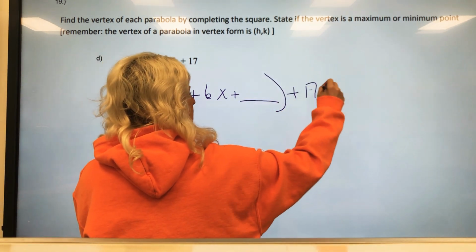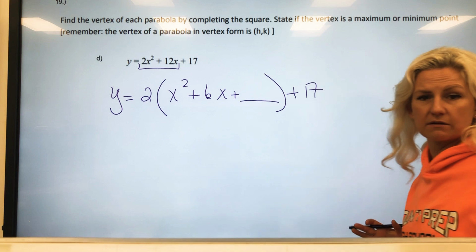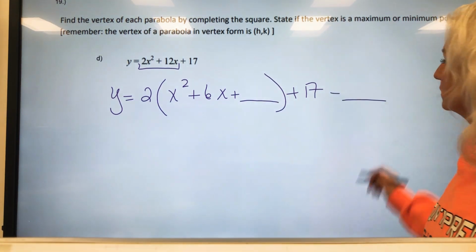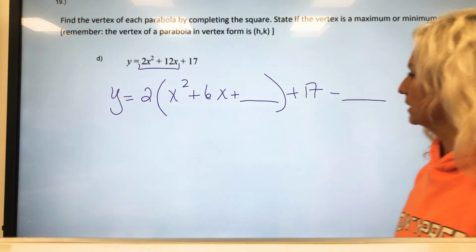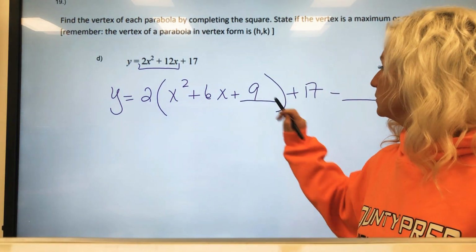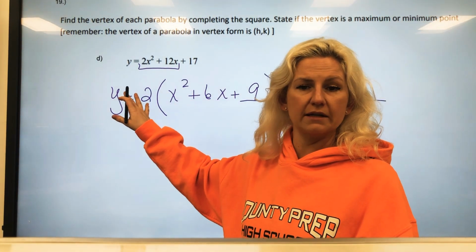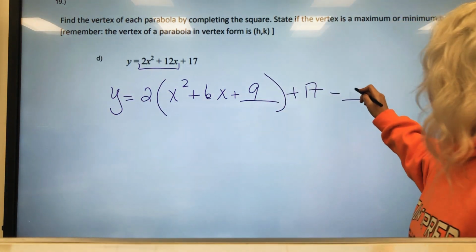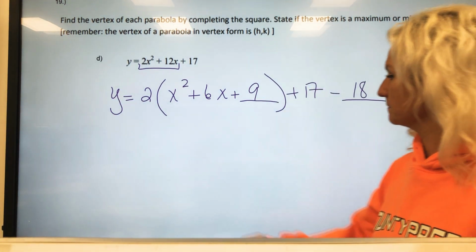Plus 17, and remember, we're working on the same side of the equation, so whatever I add, I'm going to subtract. Half of 6 is 3, and 3 squared is 9, but remember, I'm really adding a value of 18, 9 times 2, so I'm going to subtract 18.